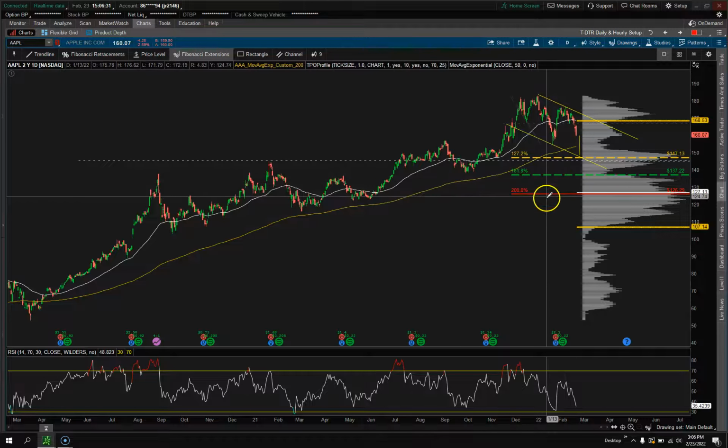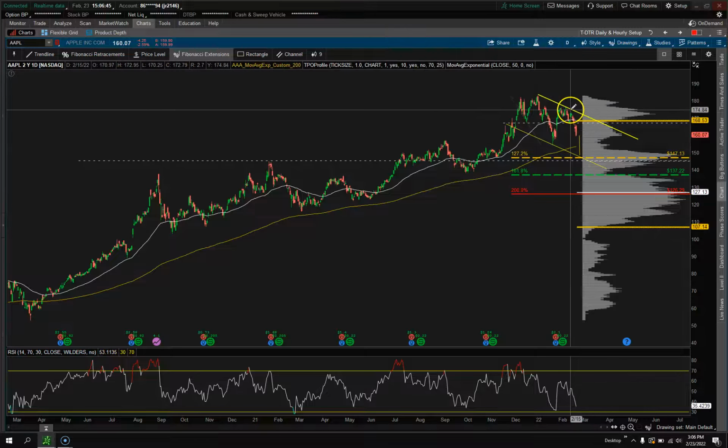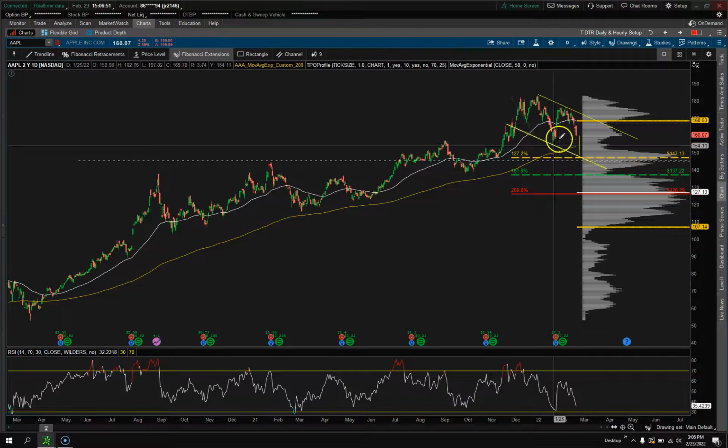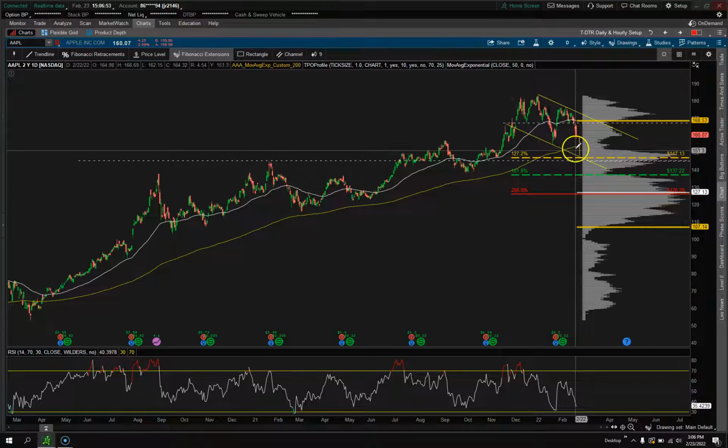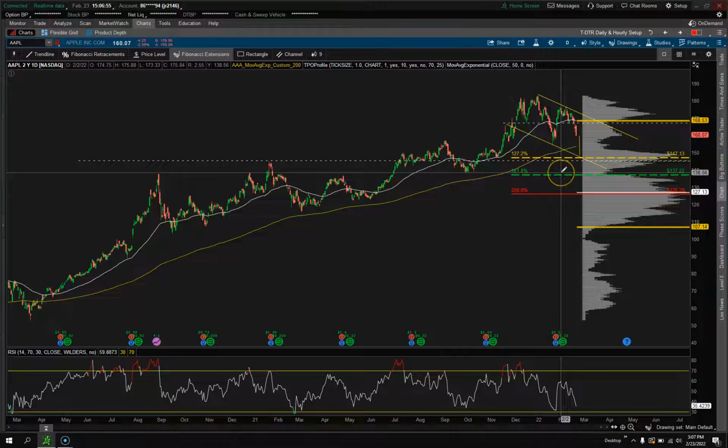Now, people ask me all the time, well, you're so good at calling reversals or tops, bottoms, things like that. And I don't try and do that. I also don't trade, hey, look, I think the market's going to roll over and try and short the market. That's not what I do. What I do is I say, hey, the market's going to roll over. As we're falling, where are levels that I could be a buyer?